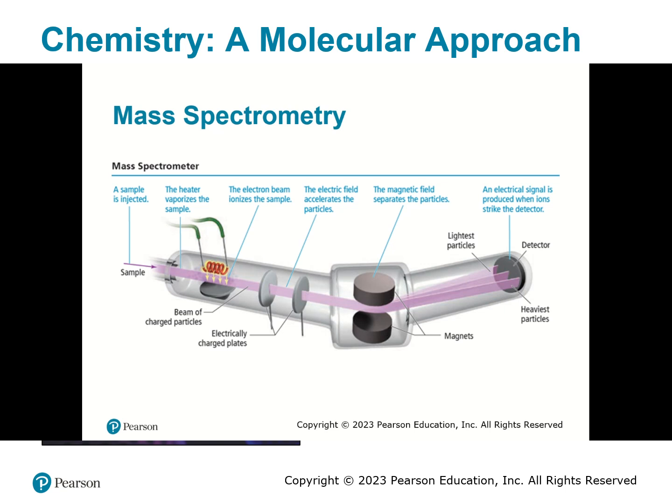At an angle inside the tube, you can see here, the beam of charged particles passes through two magnets, one above and one below. The magnetic field separates the particles. The beam splits into sections as it approaches a detector at the end of the tube. The lightest particles hit the detector near the edge, and the heaviest hit the lowest part. An electrical signal is produced when the ions strike the detector. So this is how a mass spectrometer works.